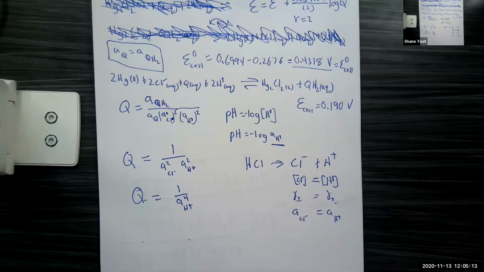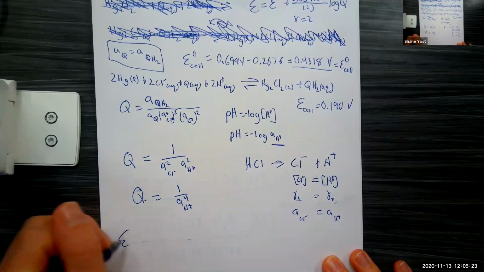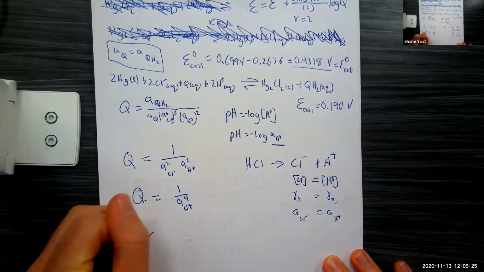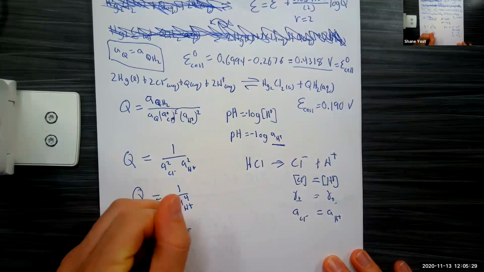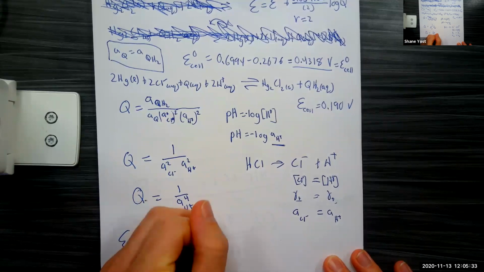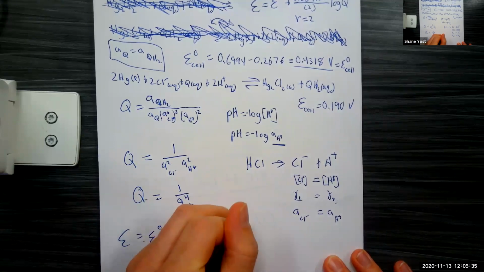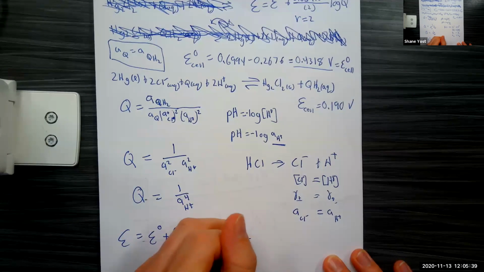So questions about that? And so going back to the Nernst equation that you can't really see, E equals E naught plus 0.059156 over 2 times the log of 1 over a H plus to the 4th.